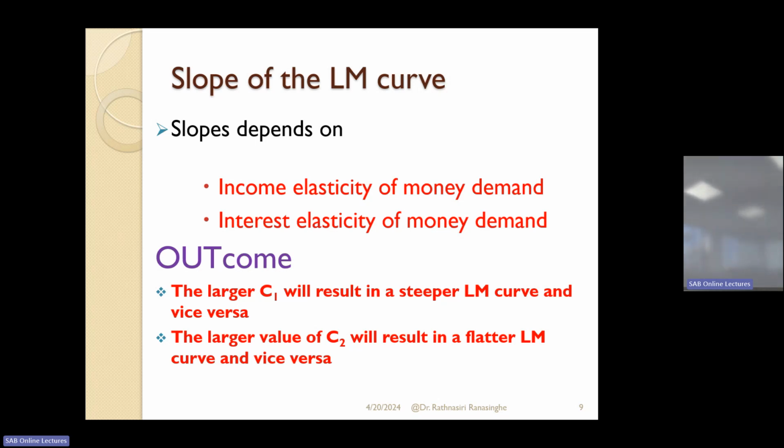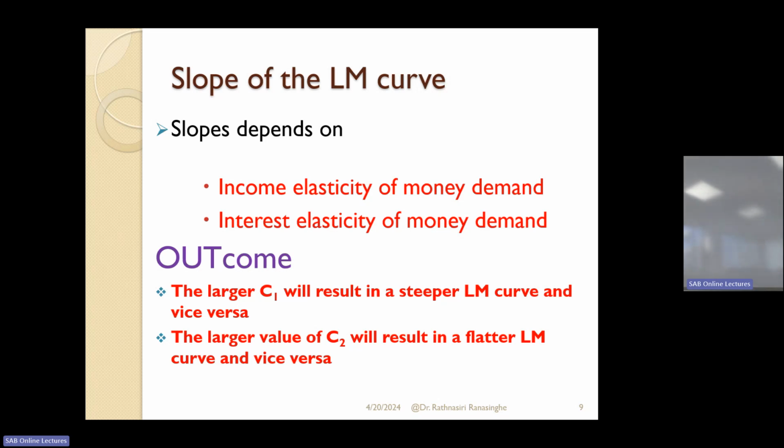We know that there are different policies that we implement. When we look at the policy effectiveness of monetary or fiscal policies, we need to worry about the slope of the curves. Therefore, we will discuss the slope of the LM curve, which depends on two factors.